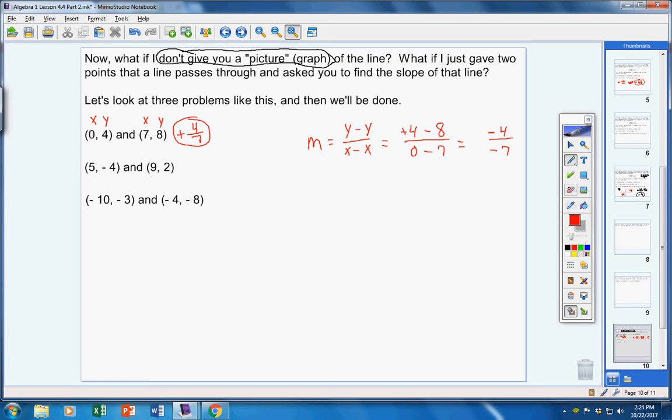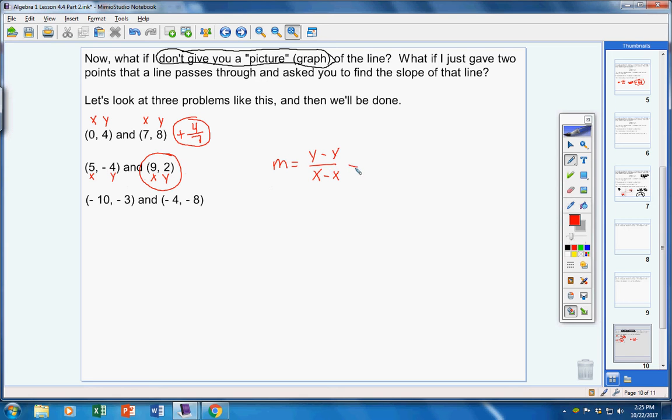Let's practice a couple more of these. All right, here we go. Now, this one here. Let's find the slope of the line that passes through these 2 points here. And just to show you students that it does not matter which point you start with, for this problem here, we're going to start with this point here.